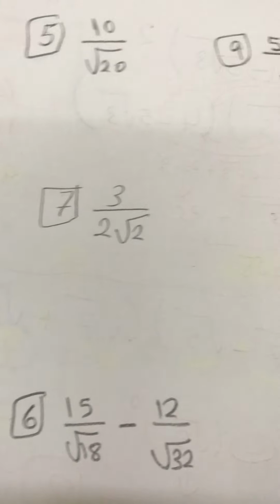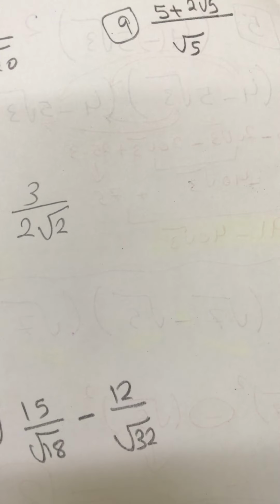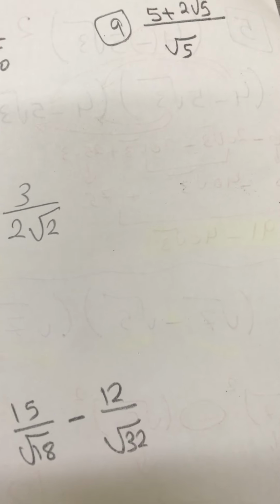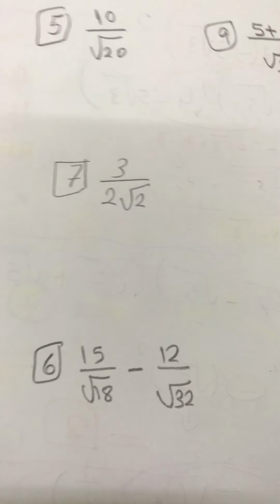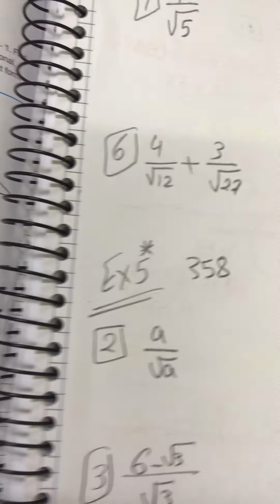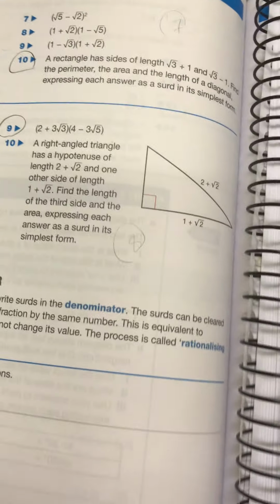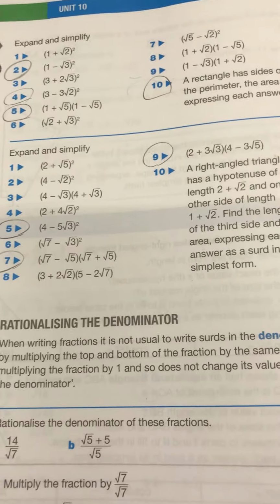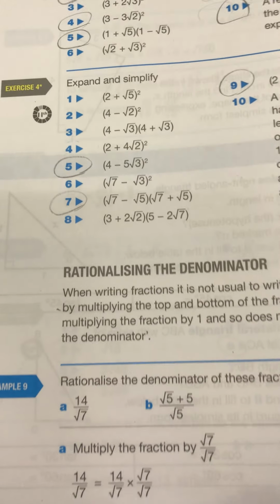Remove the root from the denominator. And this process is called rationalizing. How can I rationalize or remove the root from the denominator? I'll multiply by the root found in the denominator.